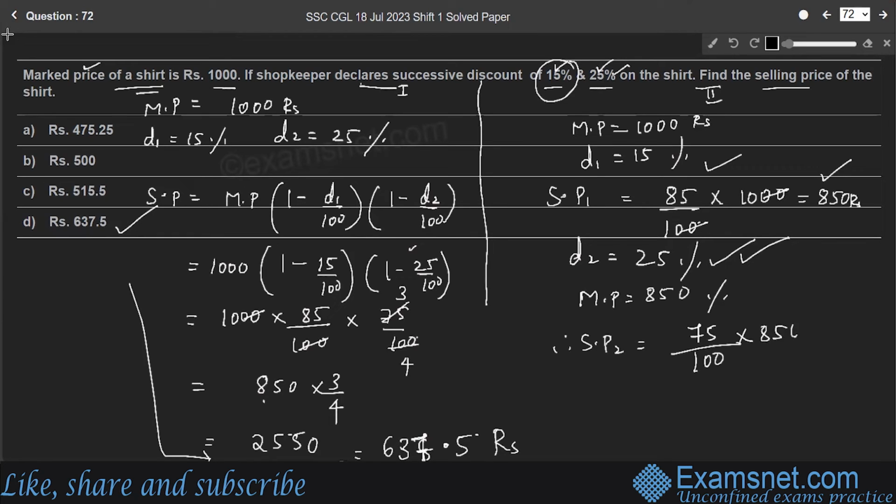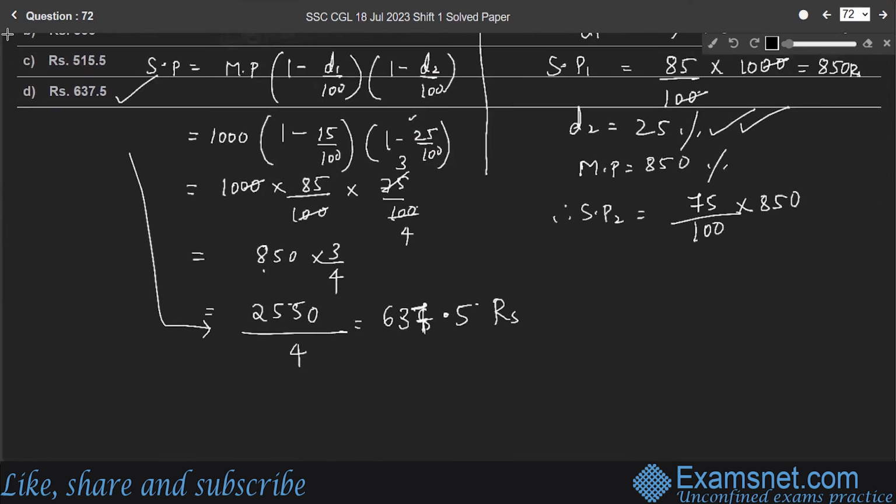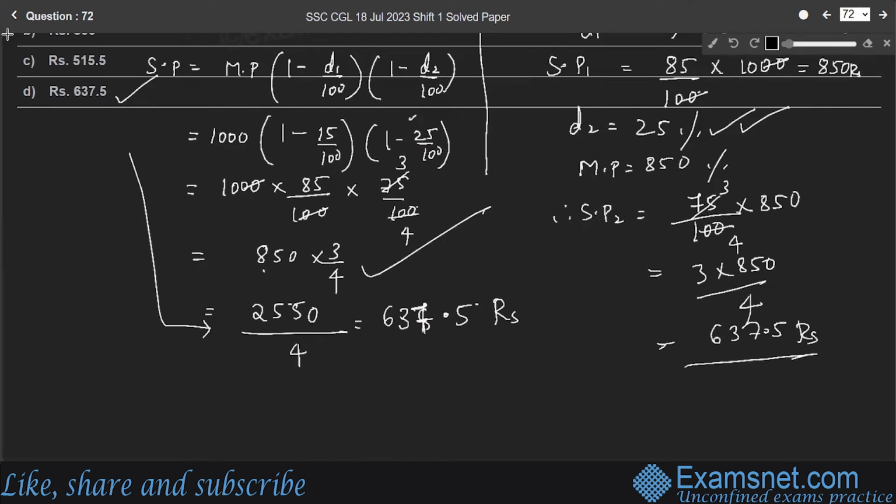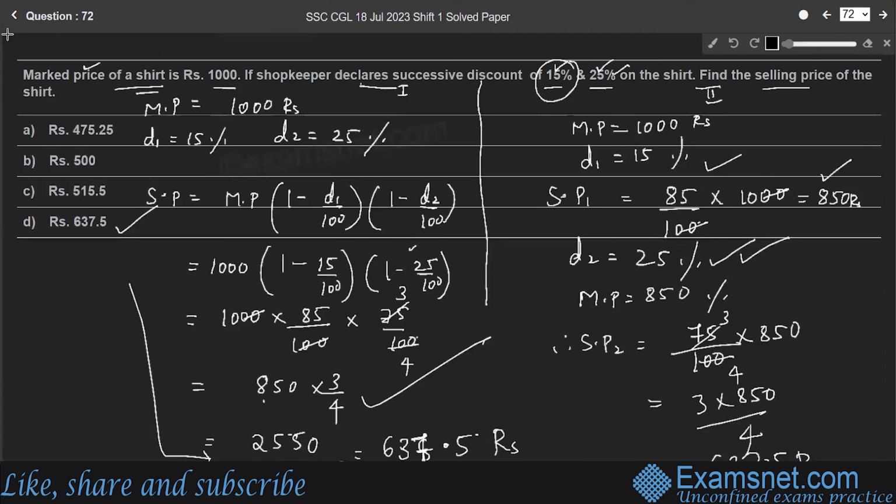Therefore, for 850 rupees marked price, it becomes 3 into 850 by 4, as we have done in the previous case, which is equal to 637.5 rupees. Both the methods are correct. The easiest one is by taking two successive discounts together, in the formula selling price is equal to MP into 1 minus D1 by 100 into 1 minus D2 by 100. So the final answer is option D.